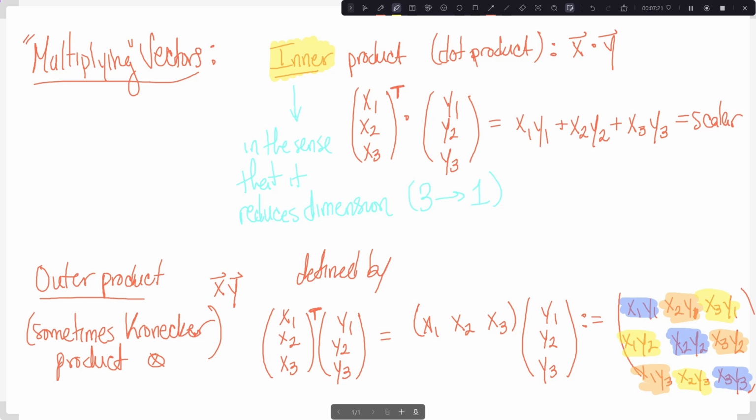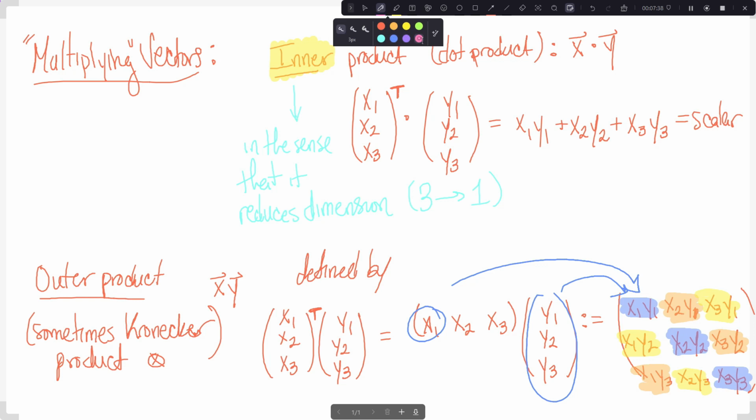And this is indexed in a very specific manner: x1 has been multiplied by the entire vector to give me the first column. In the second case, x2 has been multiplied by the vector to give me the second column. And in the third case, x3 on the whole vector to give me the third column.